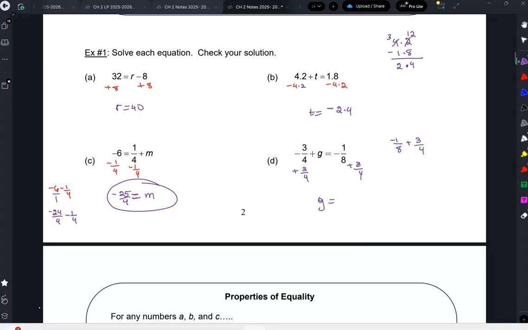Now I can see this a little bit better. Now, to add fractions, I need a common denominator. Between the 8 and the 4, what will be the common denominator? 8. So, to make this an 8, I'm going to multiply by 2, multiply by 2. So that's 6 over 8. So that will be 5 over 8.